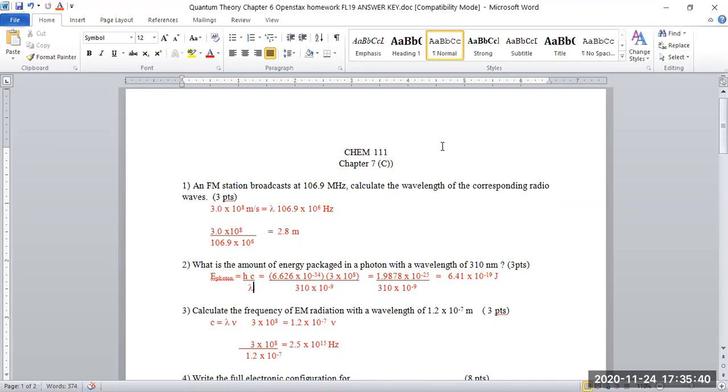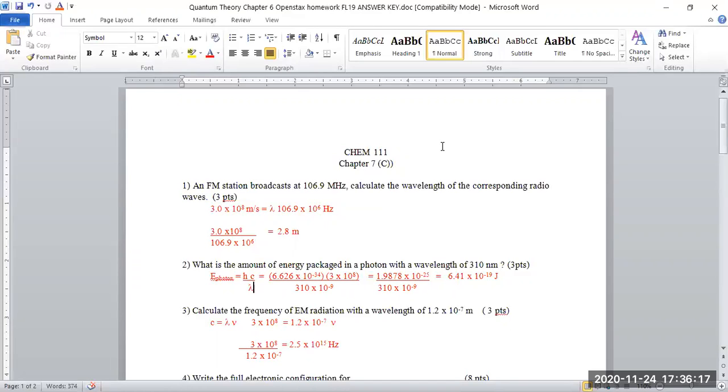All right. So c equals lambda nu is the major starting point as far as equations go. Your speed of light, c, is in meters per second. But I gave you information in megahertz. And hertz, we also know, is seconds to the -1, not megaseconds.